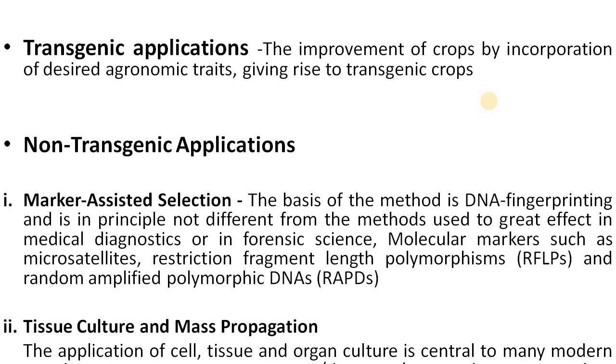Another set of applications using these molecular techniques are non-transgenic applications. The first and foremost among these is marker assisted selection. Marker assisted selection is a method of DNA fingerprinting, very similar to what we do in medical diagnostics or in forensic sciences.